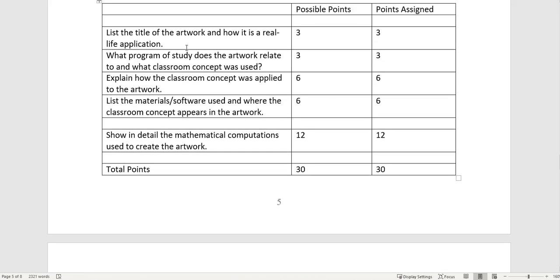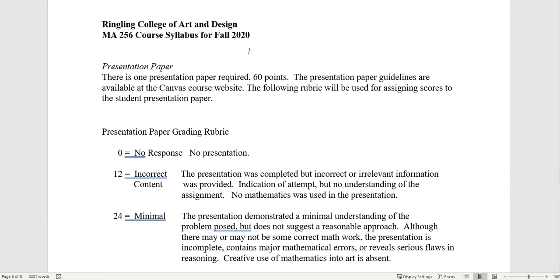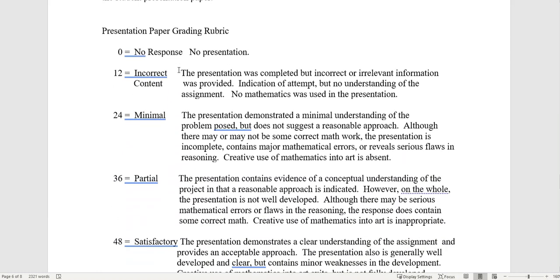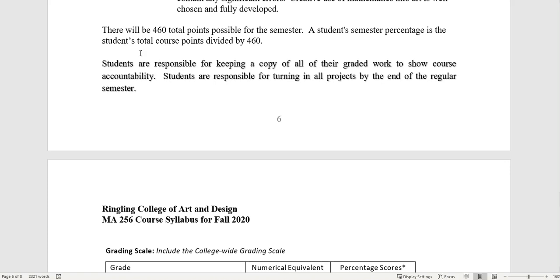And this is the rubrics for the project. And we'll look at those also. Presentation paper, 60 points, and the rubrics for that. So 460 total points possible. And there's no reason why you shouldn't be able to get all 460 points. And a lot of people do.